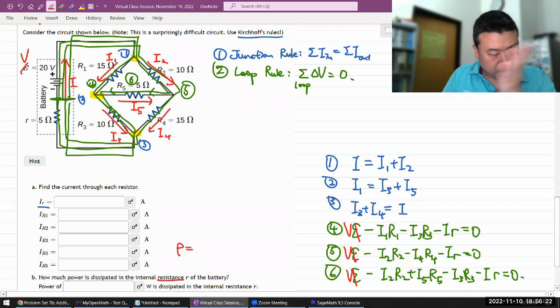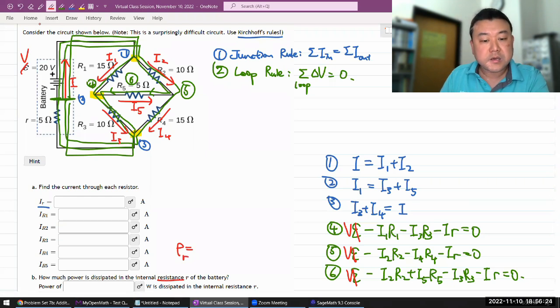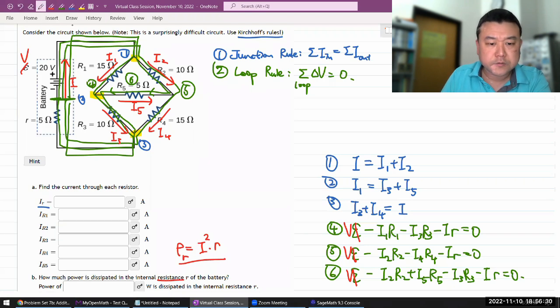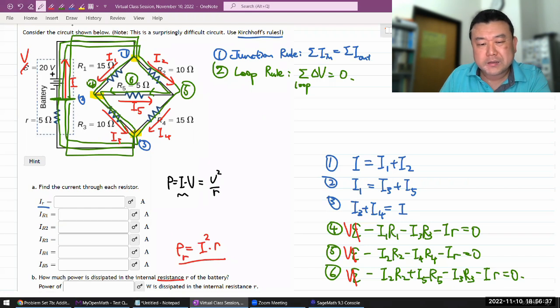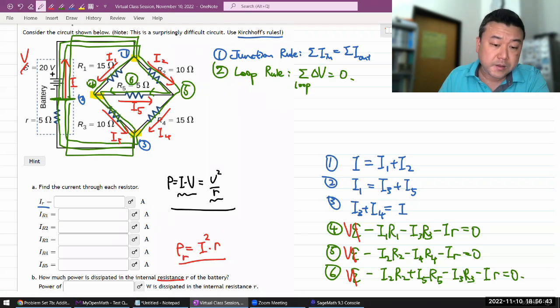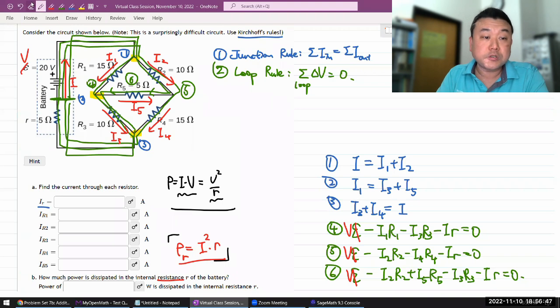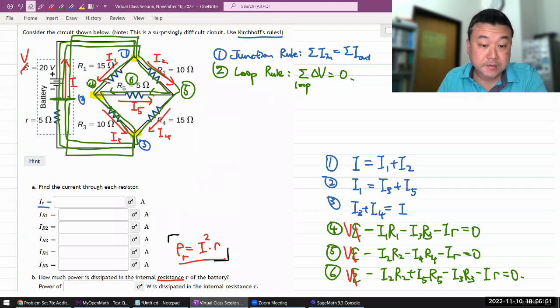Power dissipated in a resistor is current squared times R. There were other expressions for power, like current times V, or V squared over R. Using these expressions correctly, dealing with the resistor, sometimes takes care. And when you use this expression, that eliminates opportunities for mistakes. So that's why I recommend this.